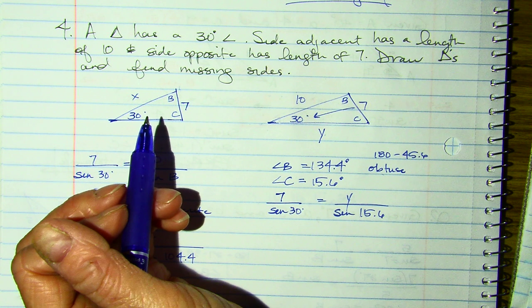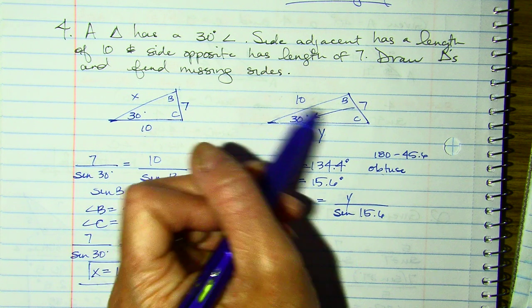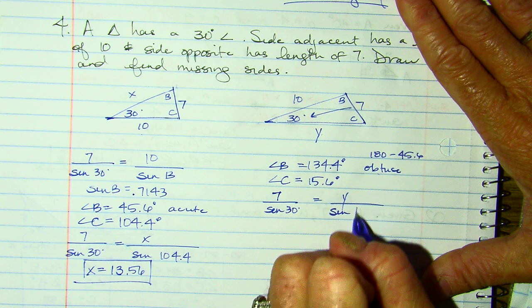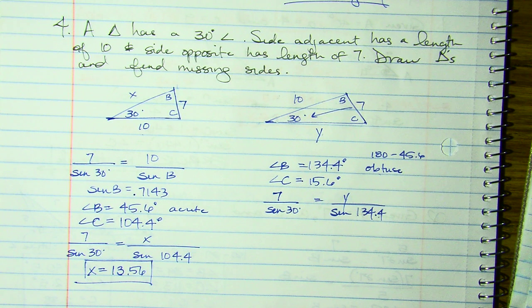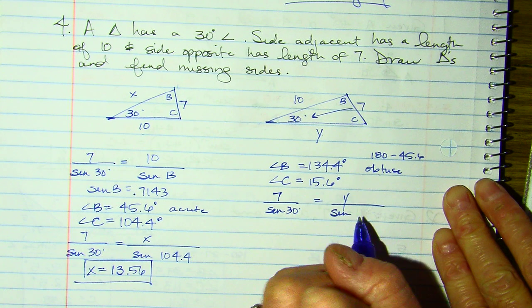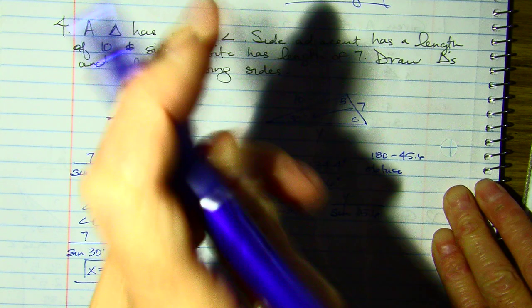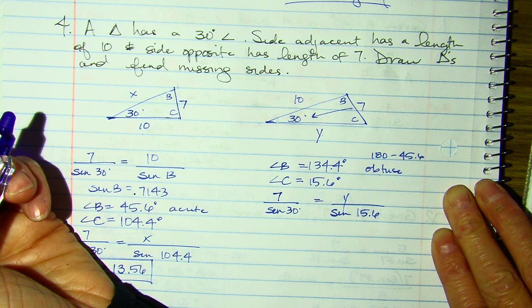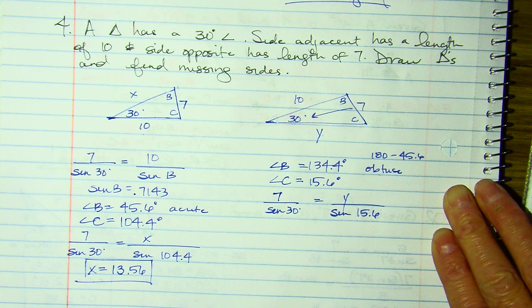I feel like I set that up wrong. 7 over 30, 10 over c. This would be y over angle B. Hopefully it comes out. 7 times the sine of 134.4 divided by the sine of 30. No, this should be 15.6. Did I set, sorry, I set one of these up wrong.